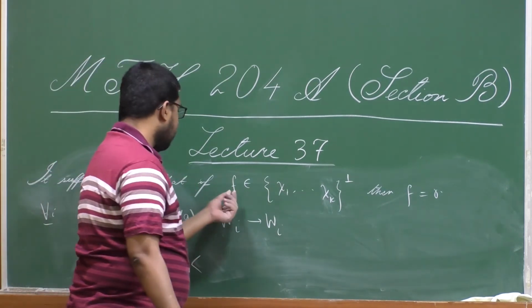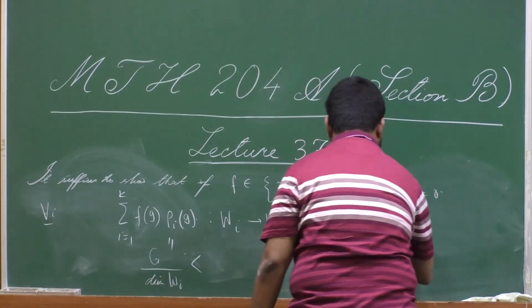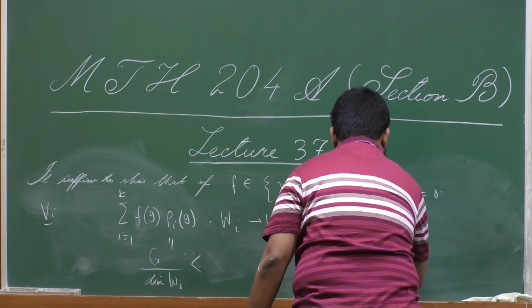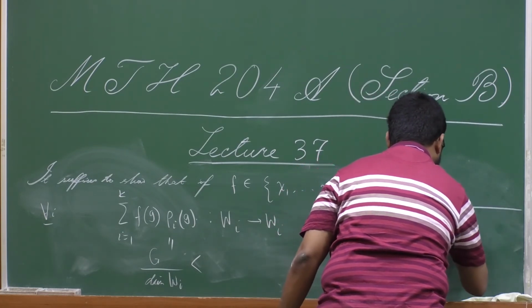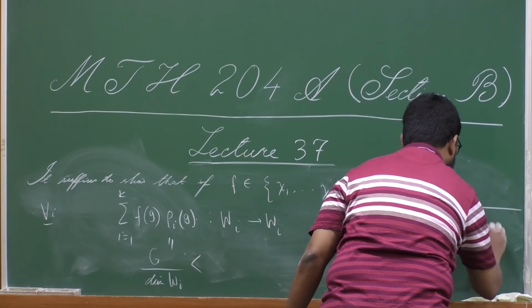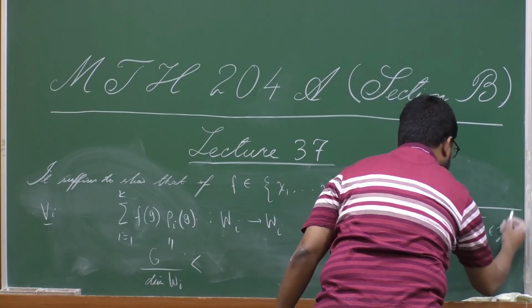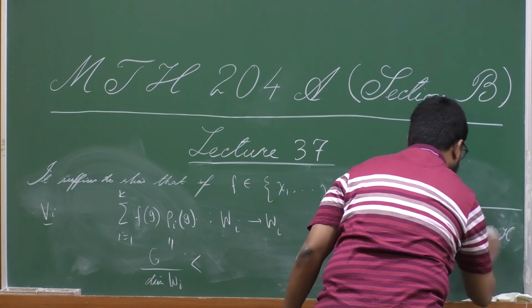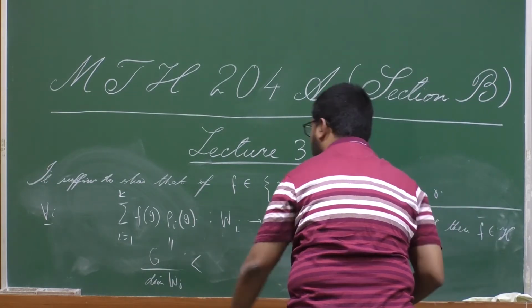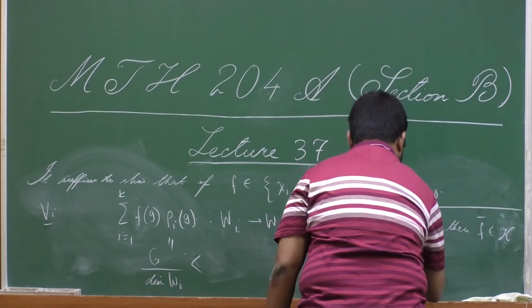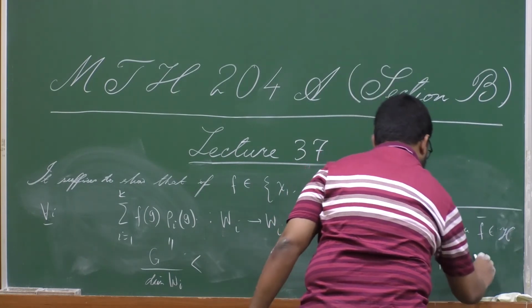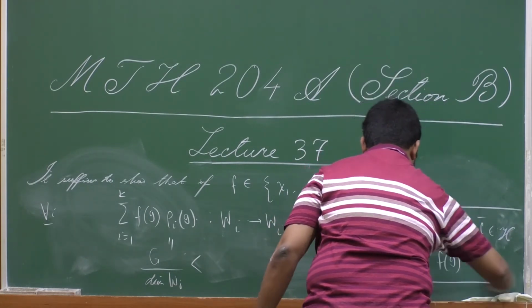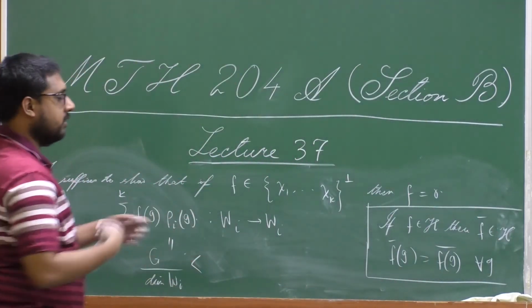So, see that if F is in H, then the complex conjugation F bar is also in H. Recall how F bar is defined: F bar of G is defined as the complex conjugation of F of G. So this H is closed under complex conjugation.